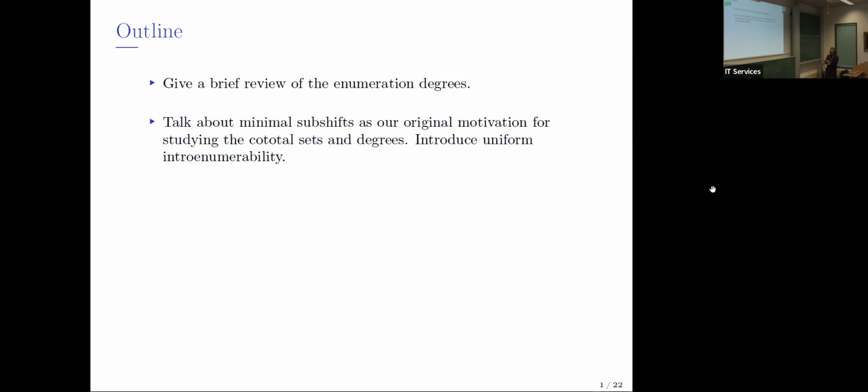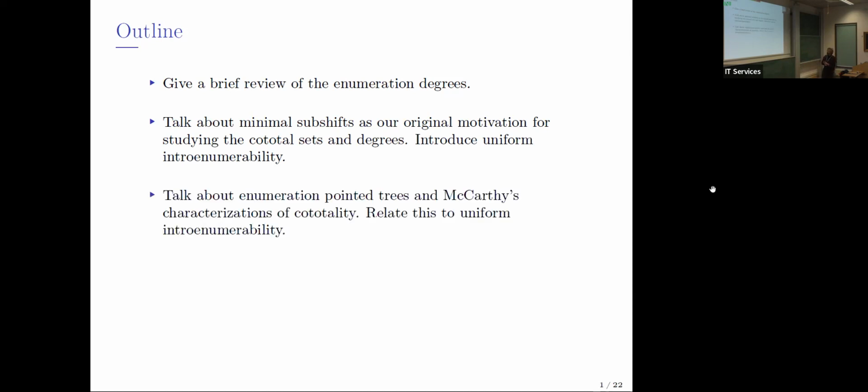That was the original motivation for us studying the cototal sets and degrees. And we'll introduce uniform intro-enumerability, as well as cototality. We'll, let's see, does this work? Yeah. We'll talk about enumeration pointed trees and McCarthy's characterization of cototality, and relate this to uniform intro-enumerability. And then describe the recent work.